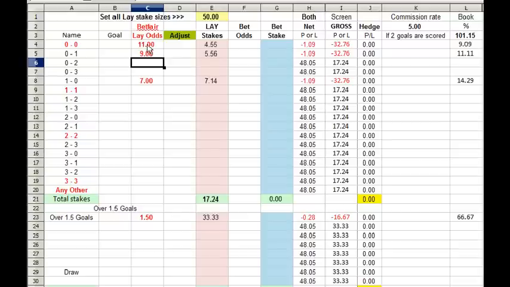So we may decide to lay that one once it gets down to 10 from 11, maybe that one when it gets down to 8 from 9, and maybe that one when it gets down to maybe 6.5 or something.